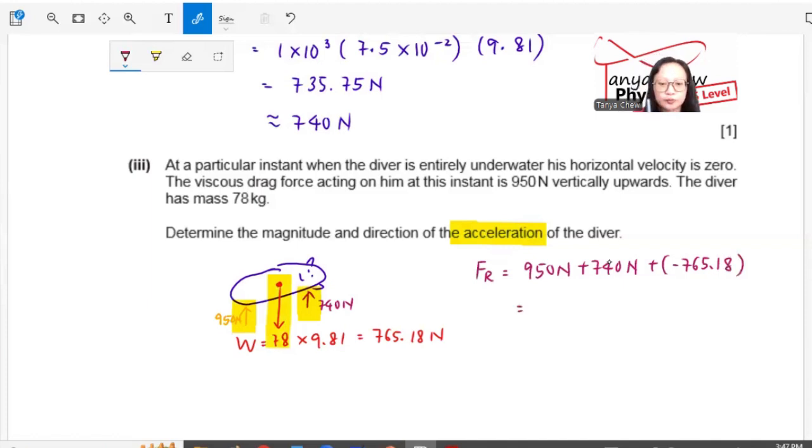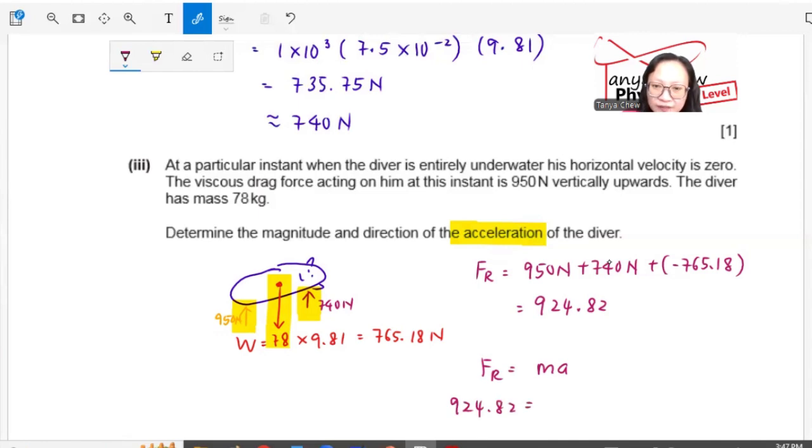Give me a while. 950 plus 740 minus 765.18. That gives me 924.82. And hey, resultant force, remember, is equal to ma.